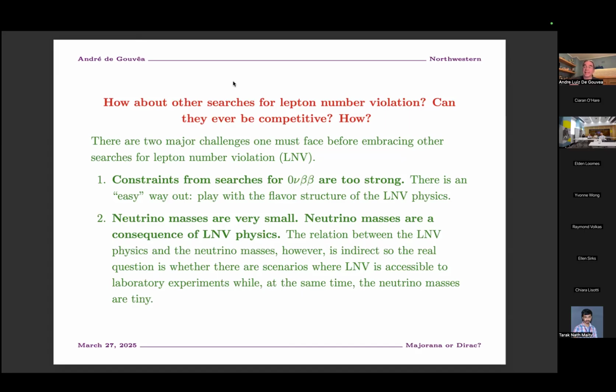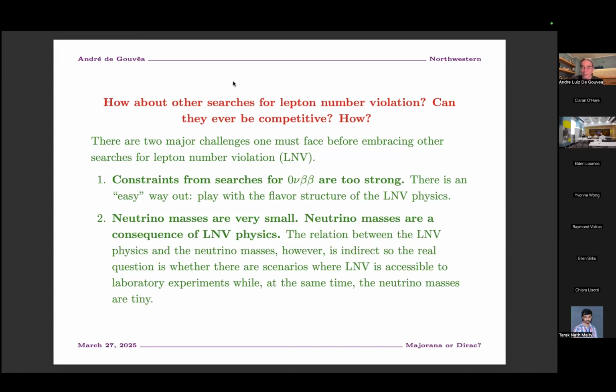And it is often the case, but not always, where the naive neutrino mass bounds that you impose on the new physics will make the rates for neutrinoless double beta decay or lepton number violating processes outside of neutrinoless double beta decay ridiculously small. This is also not a mathematical theorem, and there are lots of interesting, exciting ways to circumvent these very, very strong tiny neutrino masses and other processes that look for lepton number violation.